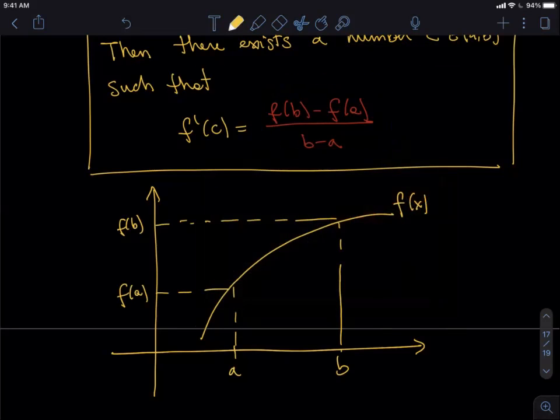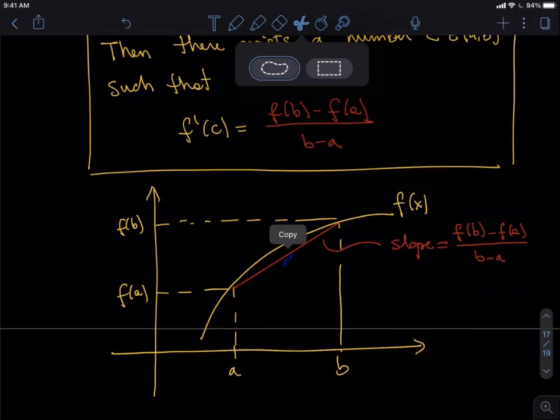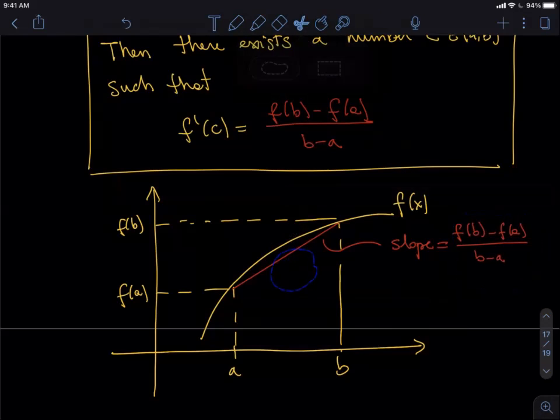That quantity is the slope of this line over here. The slope of this line is how much height we gain, which is f of b minus f of a, divided by the distance we take to gain that height, which is b minus a.